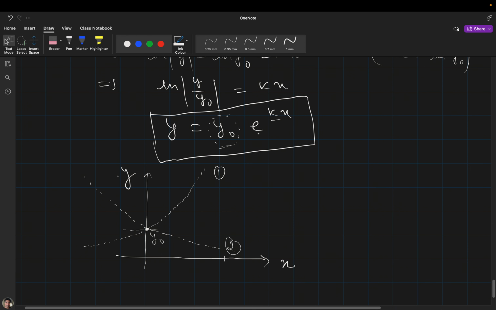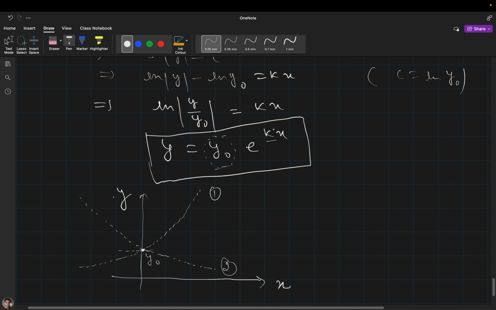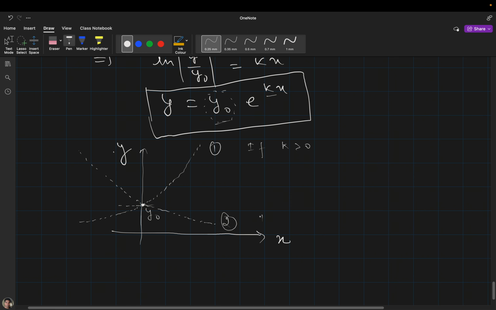Both are correct. It depends on the sign of k. The first one is correct if k is positive, and the second one is correct if k is negative.